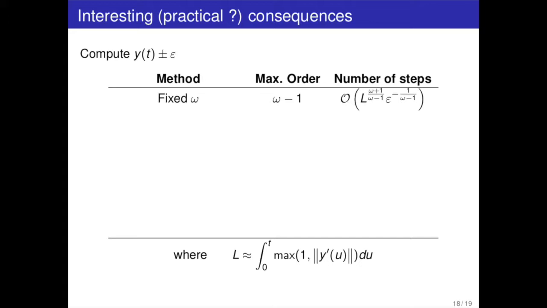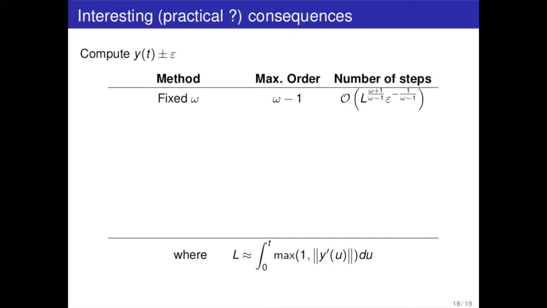For example, if your system starts from y0 and the solution converges to a point, the length is bounded. But computing this fixed point, you cannot do it in constant time.